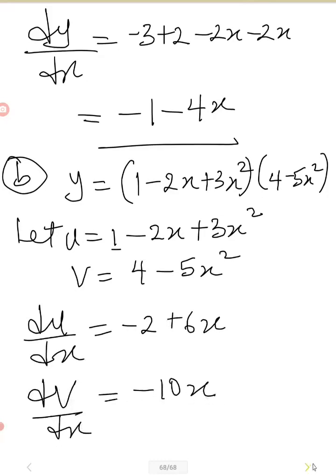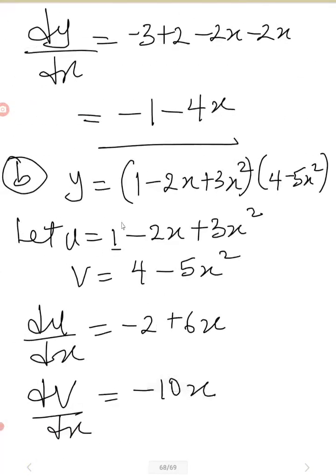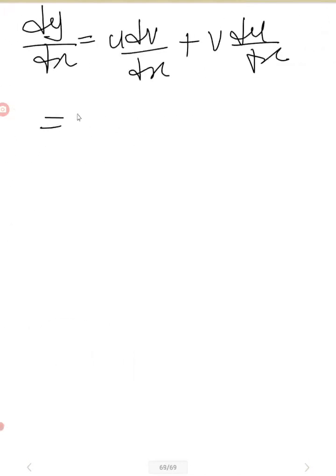So now let's apply the formula that dy/dx is equal to, from our formula, u dv/dx plus v du/dx. So now the value of our u is 1 minus 2x plus 3x squared, multiplied by dv/dx.